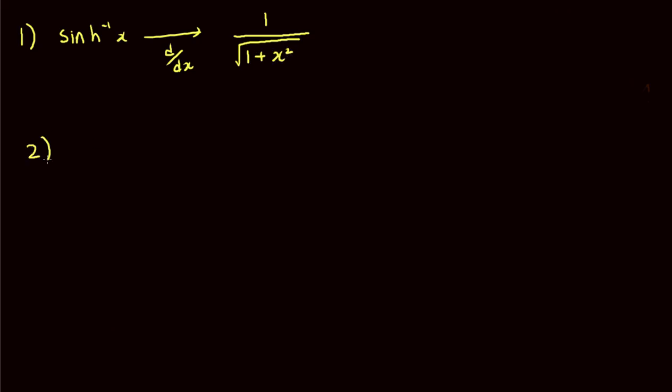If we're taking the derivative of the cosine hyperbolic inverse of x, we'll end up having 1 over the square root of x squared minus 1. And of course we have to make sure that x is greater than 1 for it to happen.